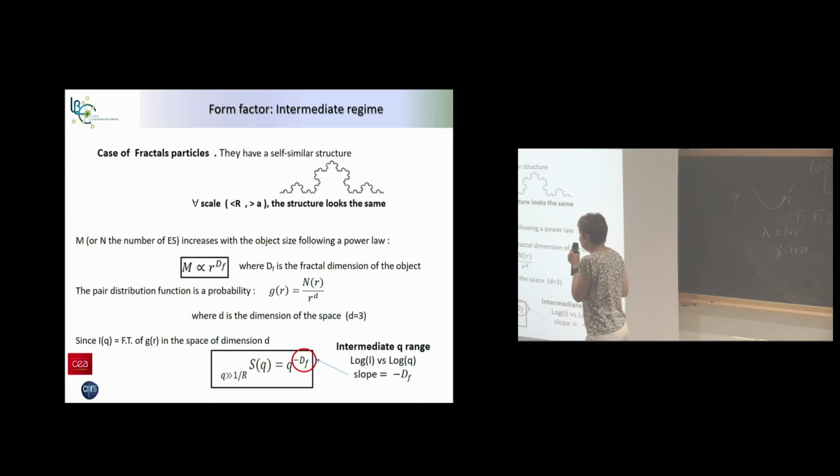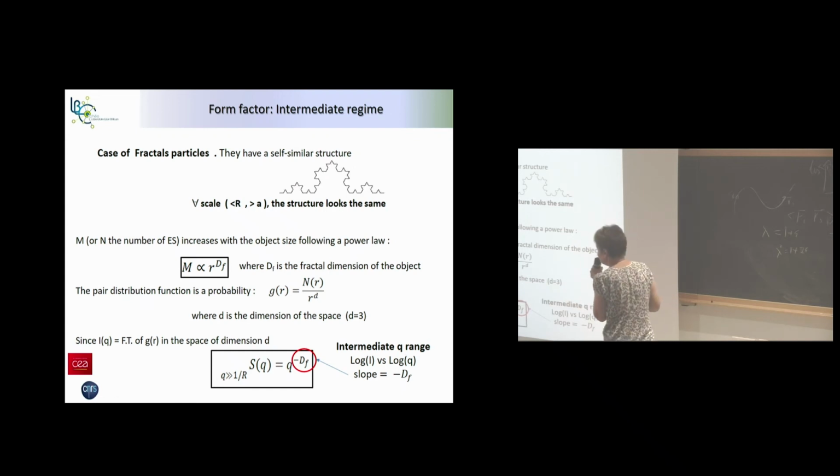And what we are measuring in neutron scattering is a pair distribution function, which is a probability of number of molecules at distance r divided by the volume, r to the power d. d is the dimension of the space. Generally, I prefer d equal to 3.